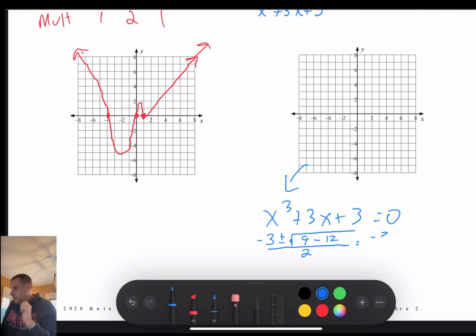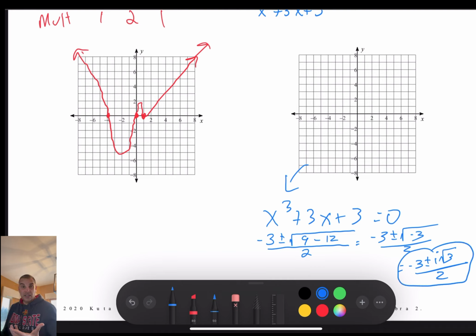So that's negative 3 plus or minus the square root of negative 3 over 2, which is equal to negative 3 plus or minus i radical 3 over 2.